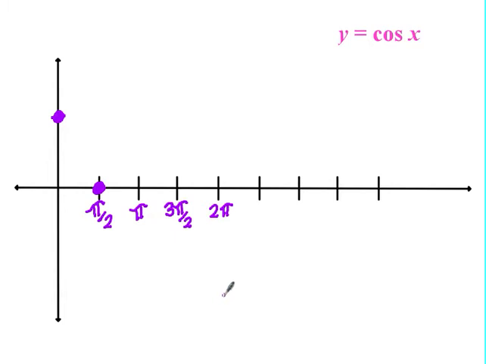Cosine of 180, what do you think, or cosine of pi? -1. So you can kind of see how this is going to oscillate now. What will it be at 3 pi over 2? 0. Where will it be at 2 pi? 1. So you can kind of see how this one's going to work.